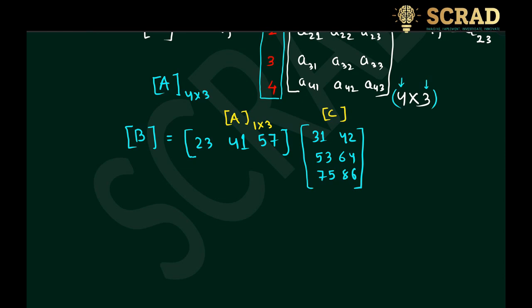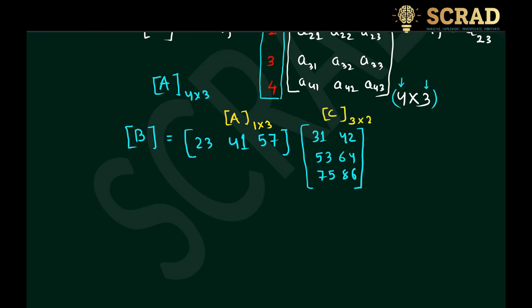Yes, because the first matrix, A, has one row only and 3 columns. The second matrix, which I am referring to as C, has 3 rows and 2 columns, right?